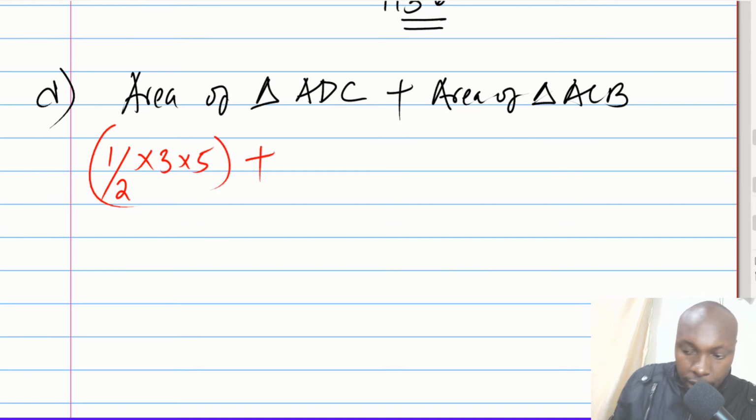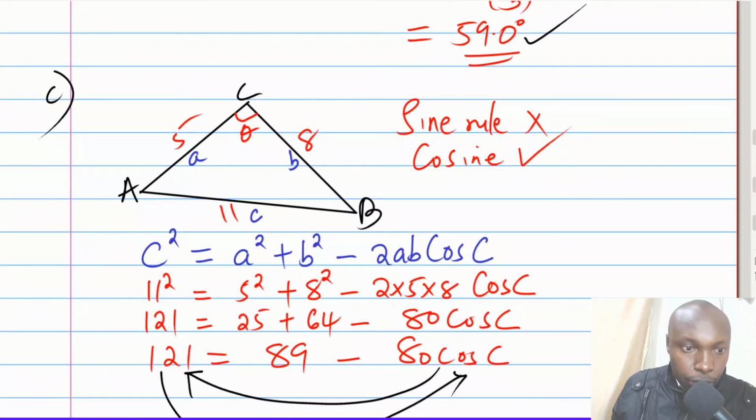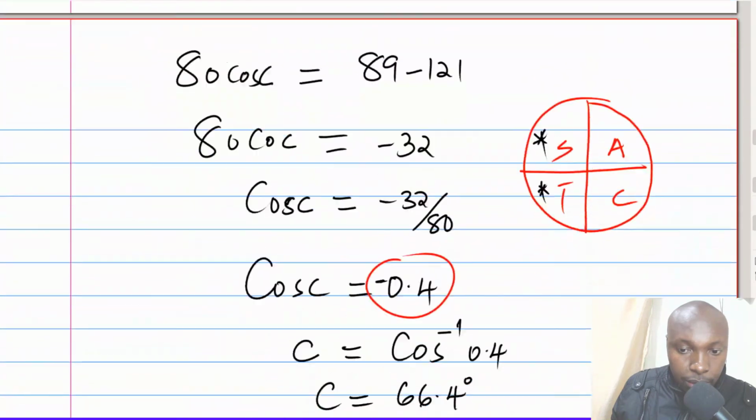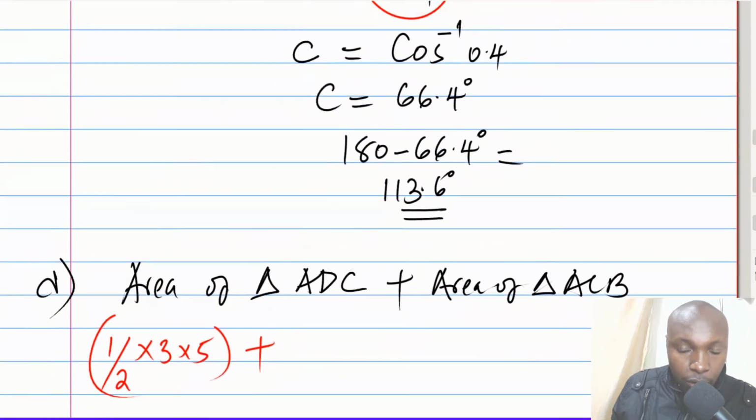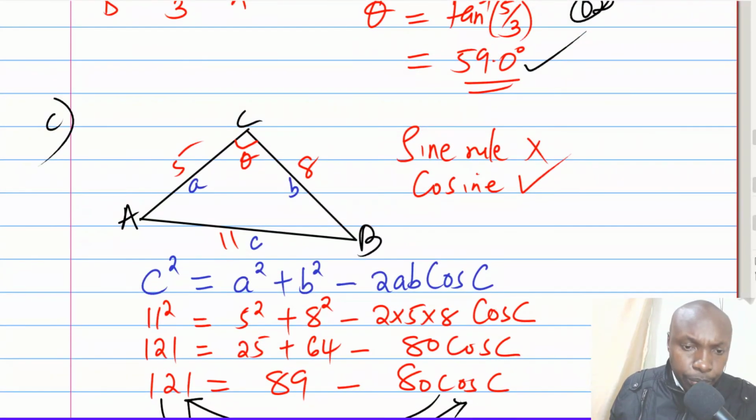Then plus the area of triangle ABC. This is the triangle that you're supposed to get the area of, and this angle is 113.6.